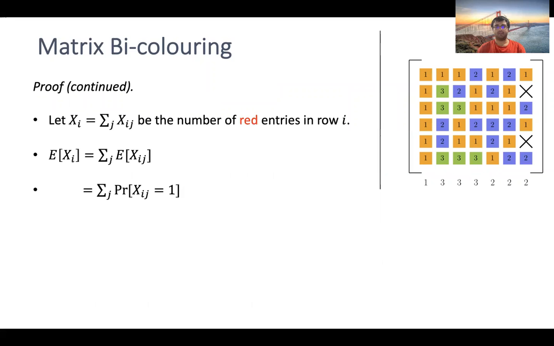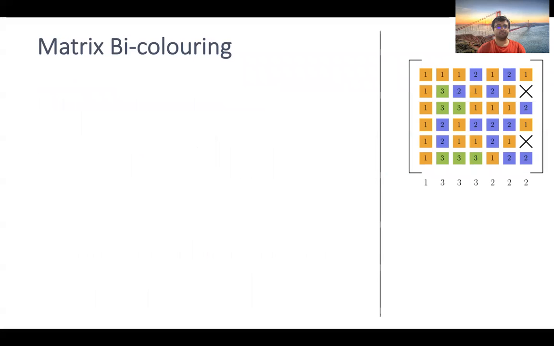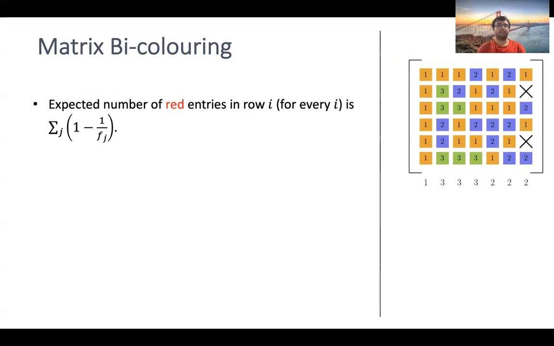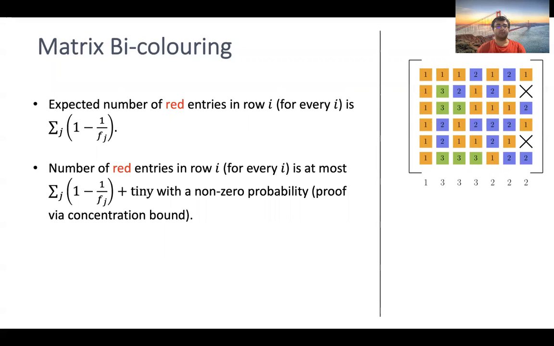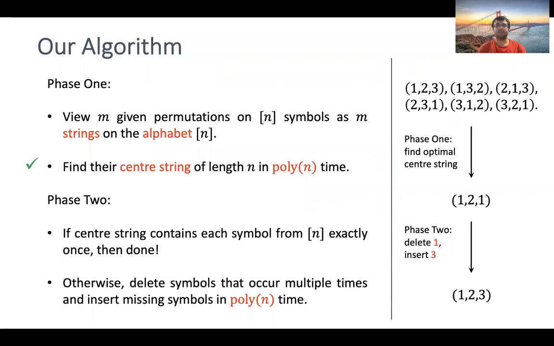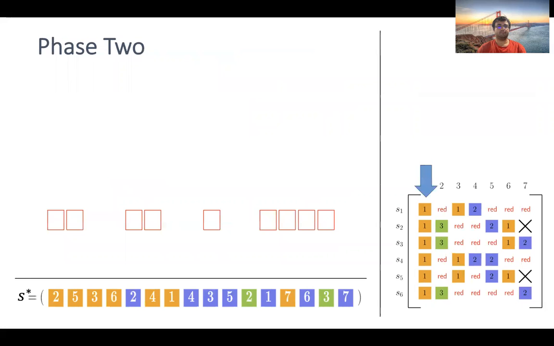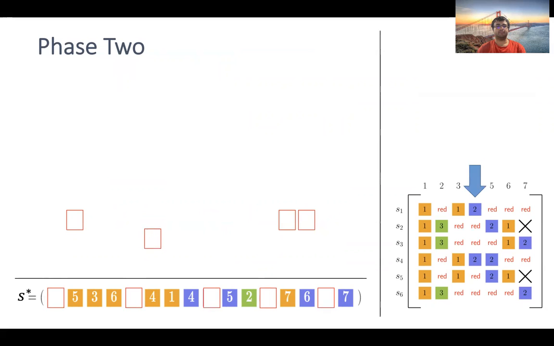So this is the formal proof in terms of math. Since the expected number of red entries in any row is the sum of 1 minus 1 by Fj, we are able to apply the Chernoff bound on this. Why are we able to apply it? Because these random variables are independent, since we picked the colors for columns independently. Now we have essentially deleted all the things that were not picked.